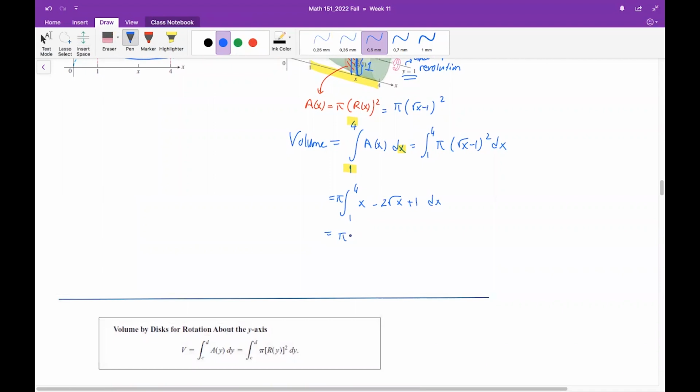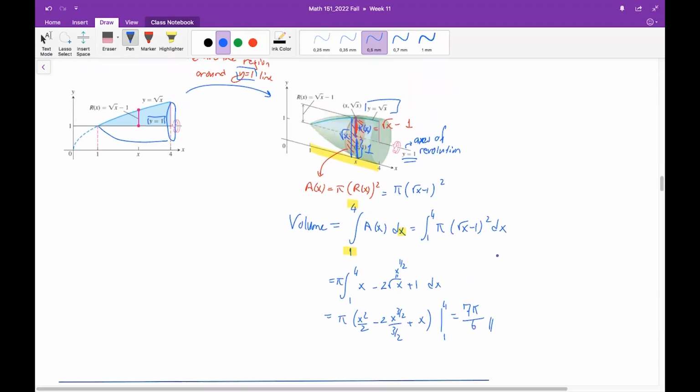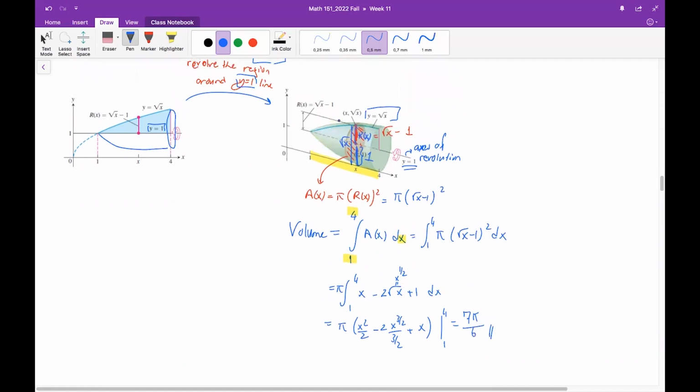I can integrate them easily. x squared over 2 minus, this is x to the power 1/2, so you add 1 to the power, divide by the same power, plus x. And then you insert your upper and lower boundaries for this integral to find the result. Okay, this is the volume of this solid object that is obtained by revolving this region around the y equals 1 line.